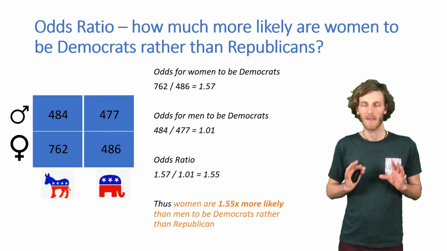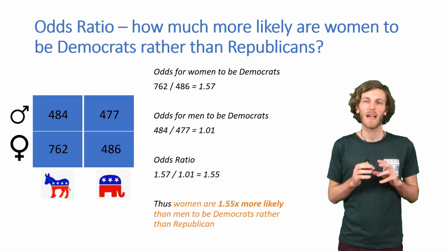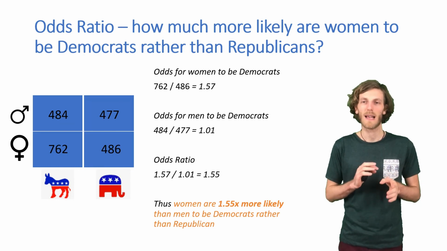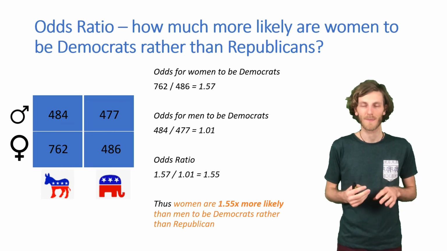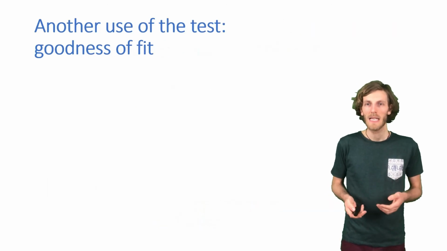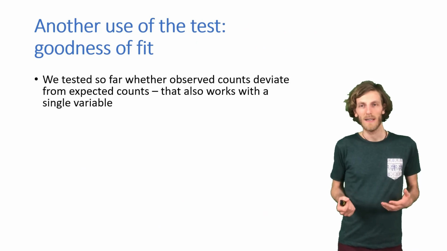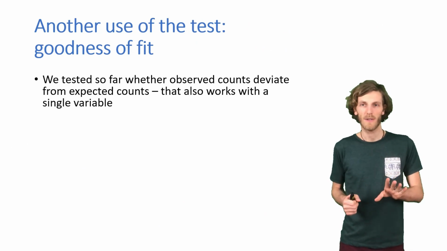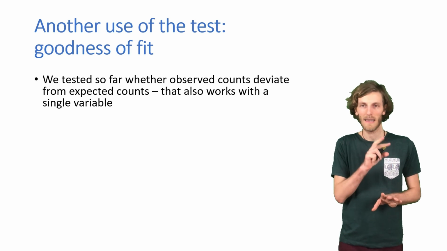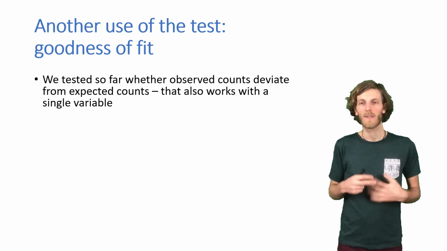So, this much about using a chi-squared test to figure out whether two categorical variables are associated with each other. There's one more important use of the same test, which is called the goodness of fit test. So far, we tried to see whether observed counts across a combination of two variables deviated from expected counts.